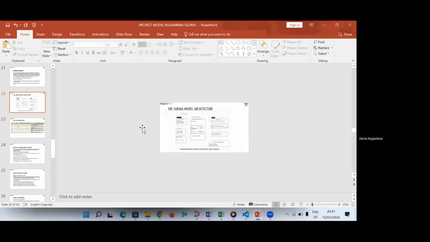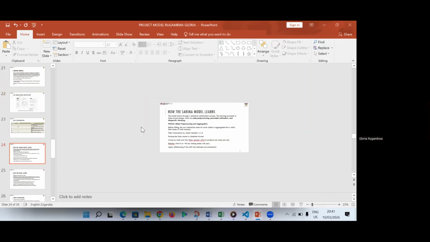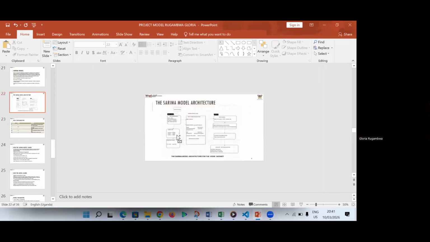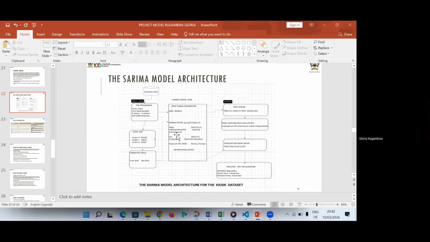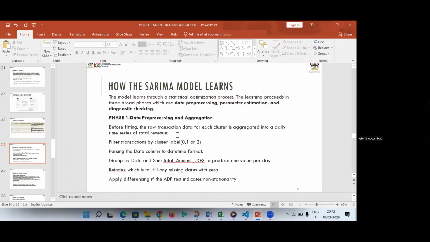After that data preprocessing, it goes through parameter estimation and diagnostic checking. So this is the structure. Parameter estimation is within the SARIMA model core. Then output, that's where the diagnostic checks take place.